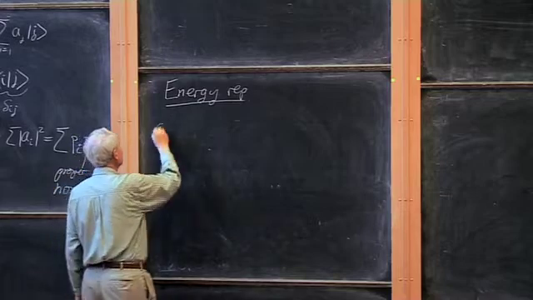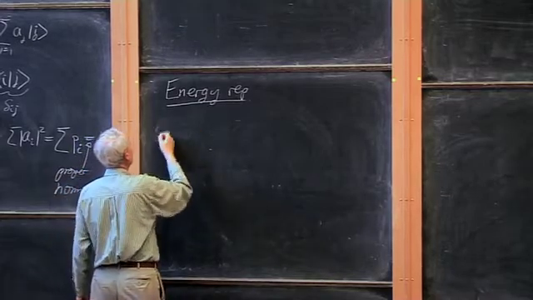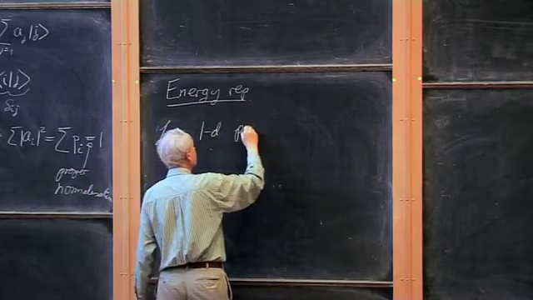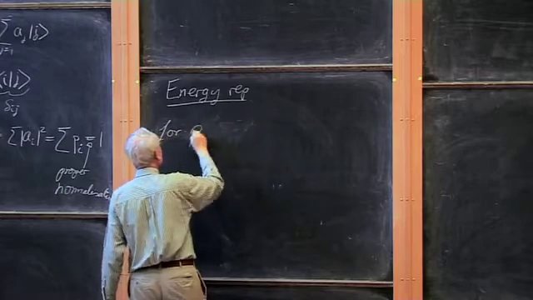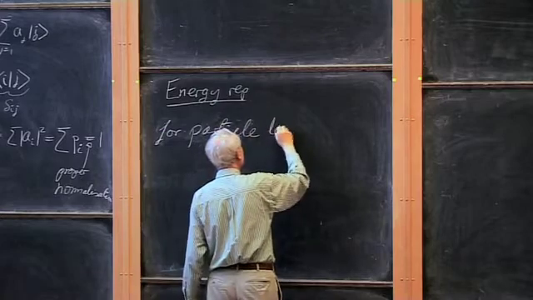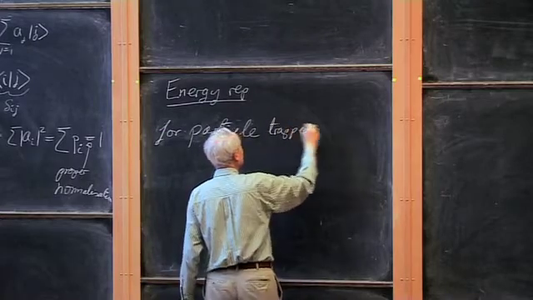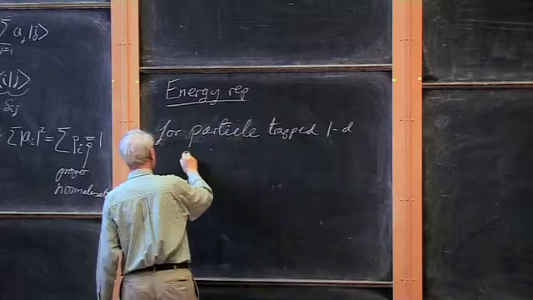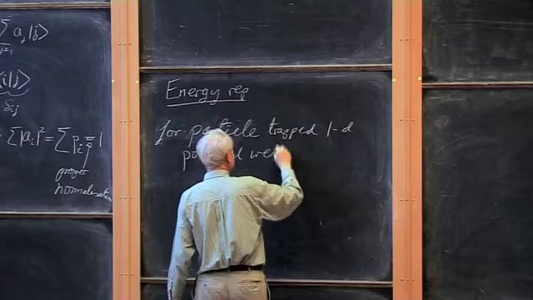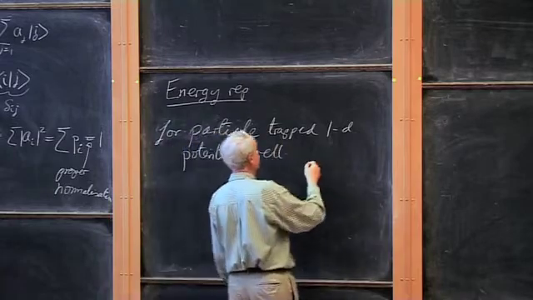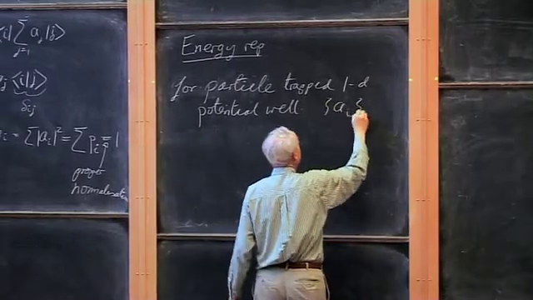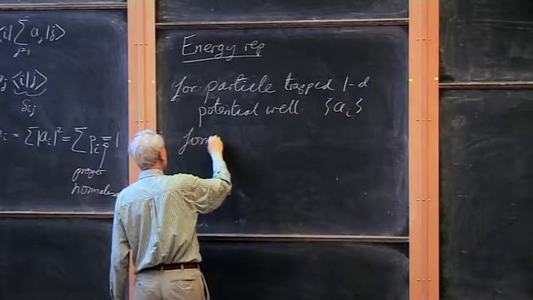So a complete set, this is not always the case, but for a one-dimensional particle trapped, this is a very idealized situation, but never mind, trapped in a one-dimensional potential well. We will see that, and I'm asserting for the moment that the A_i form a complete set of amplitudes.